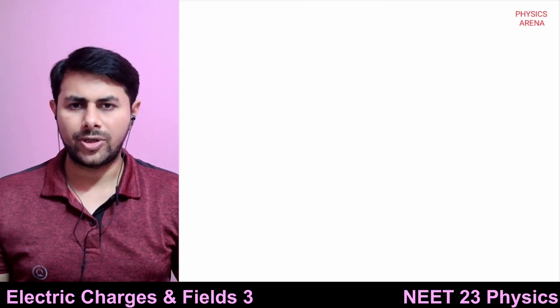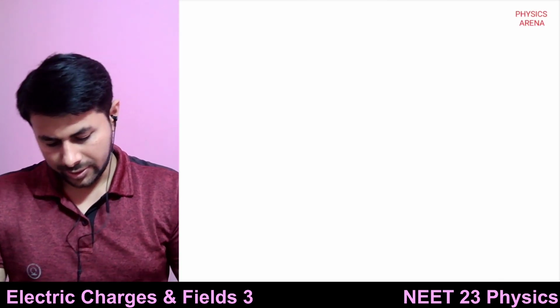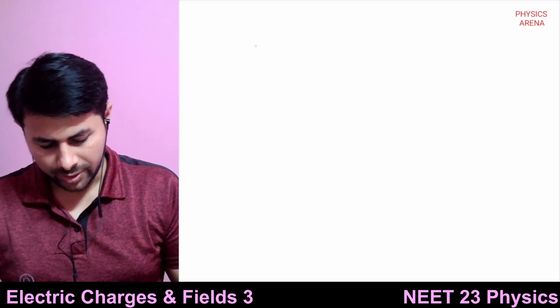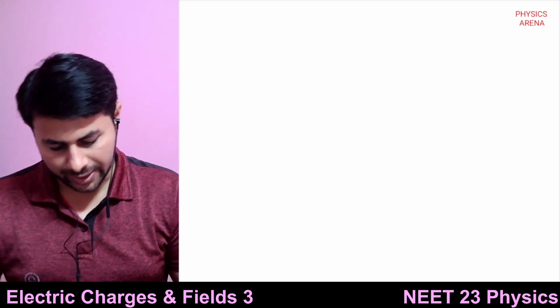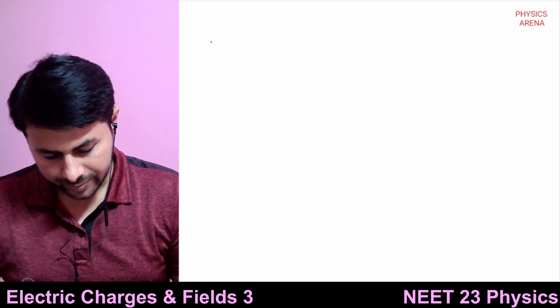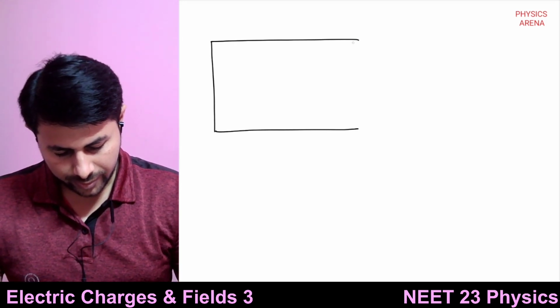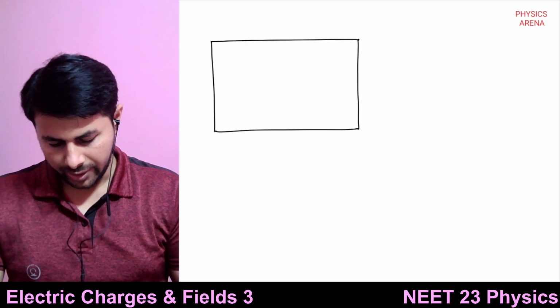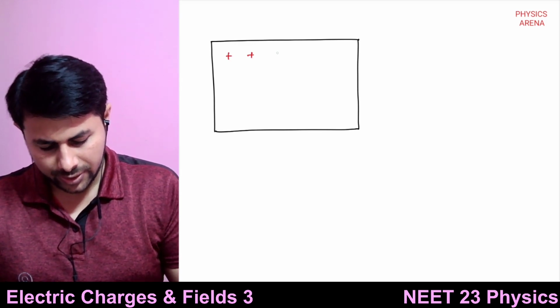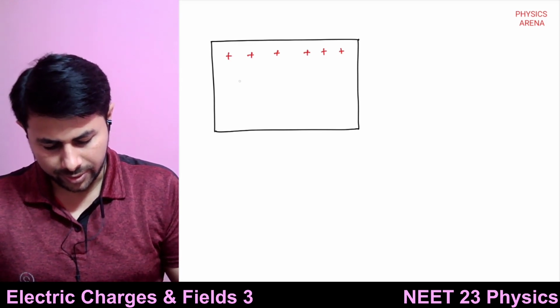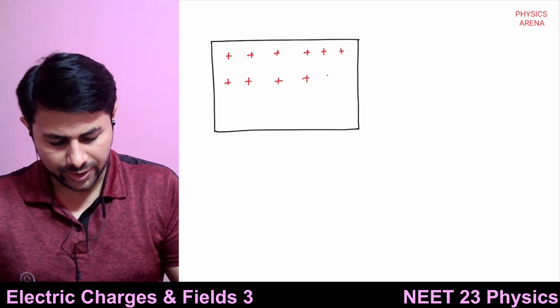So instead of linear bodies, we can have planar bodies, like a square or a rectangular sheet. And we can imagine uniform charge distribution on this square sheet.